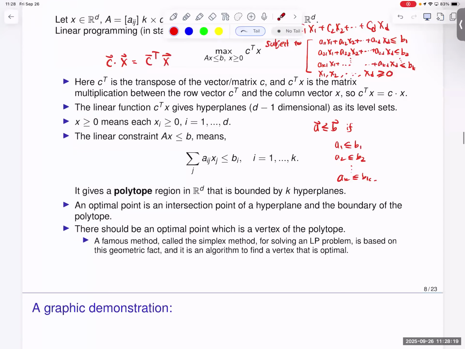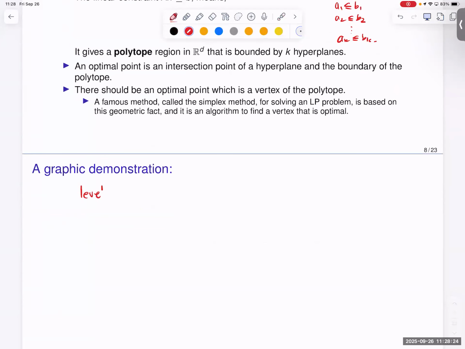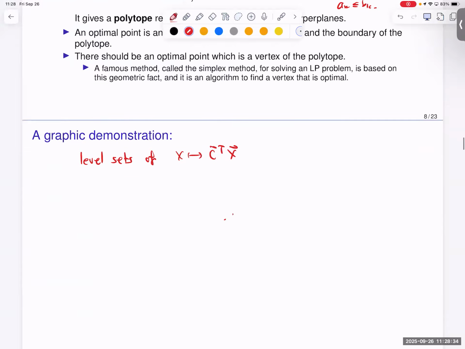So here, the level sets of this function, a function of x. First, you have c, the gradient, right?